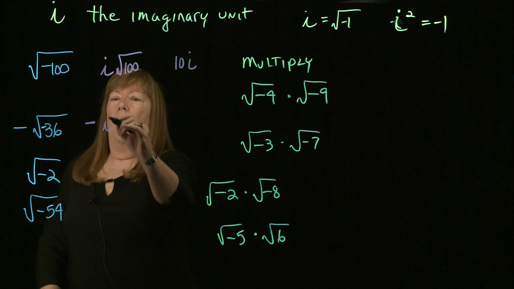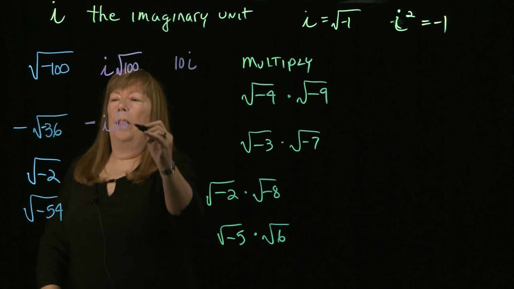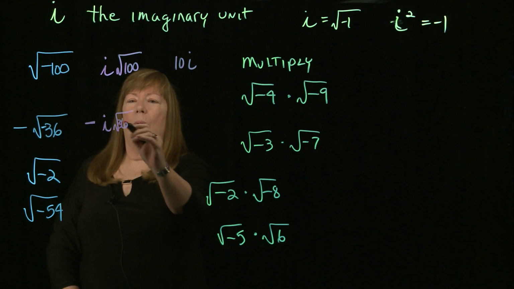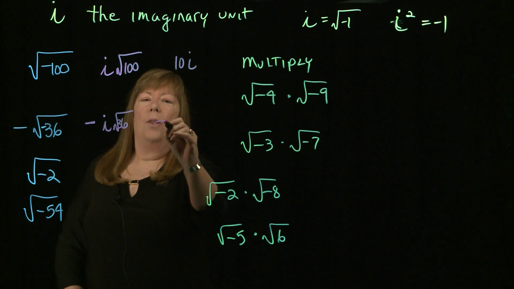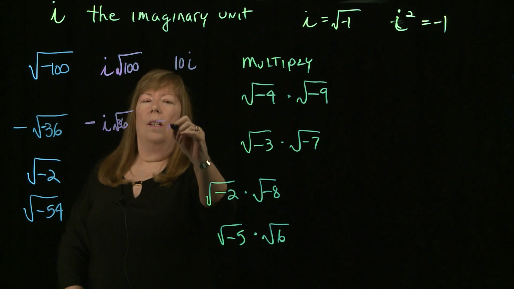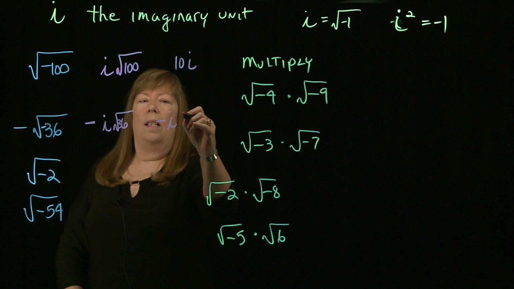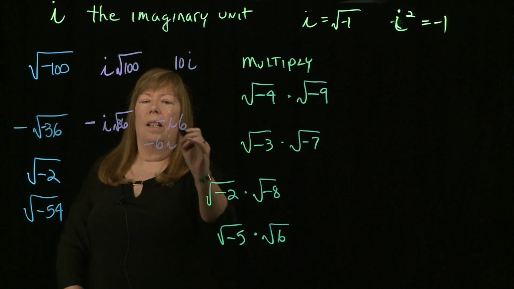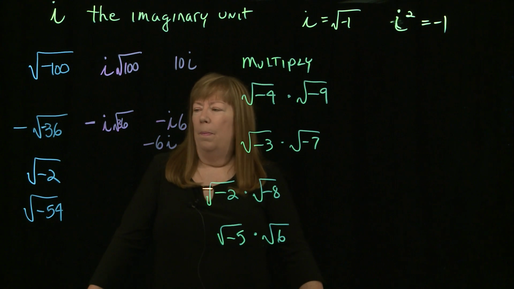This is going to be i times the square root of 6. Sorry, 36. And the square root of 36 is 6, so we're going to end up with negative i times 6. But that looks strange, so we should probably write it -6i. Good.